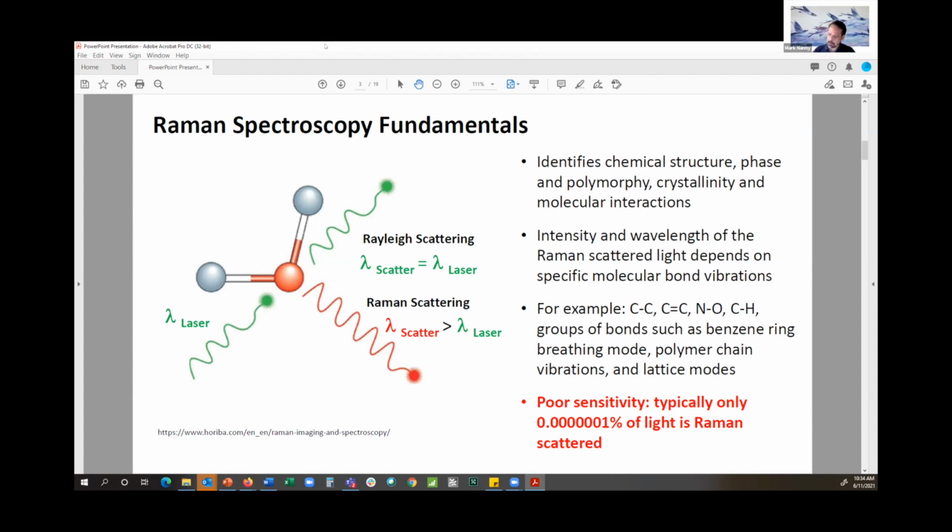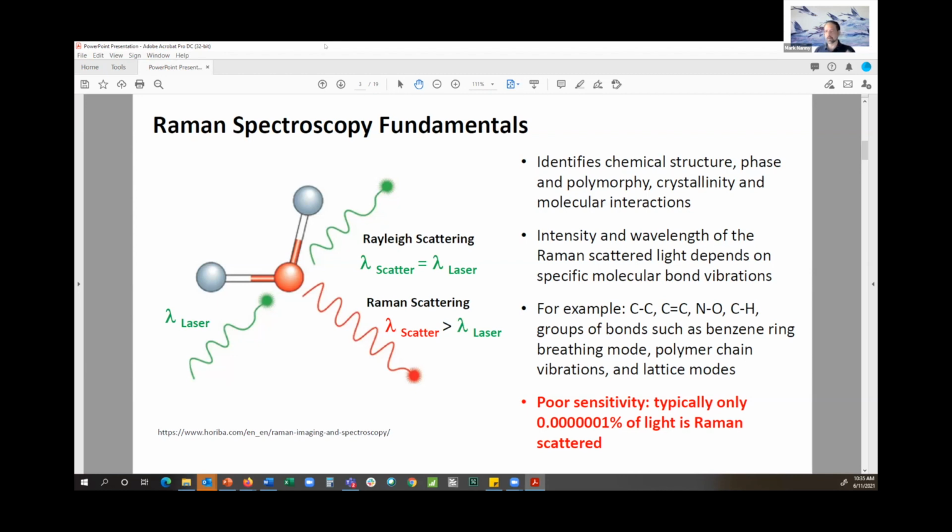And I'm not going to go into the details of how it works other than to say you have a very intense monochromatic light impinging upon the molecule of interest. And typically most of that light will reflect off of that molecule and you get what is called Rayleigh scattering. Essentially, there is no change in the wavelength of that incident light.